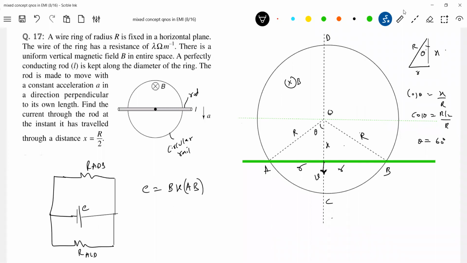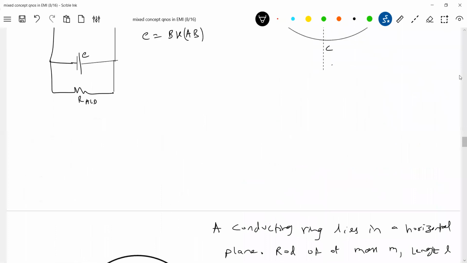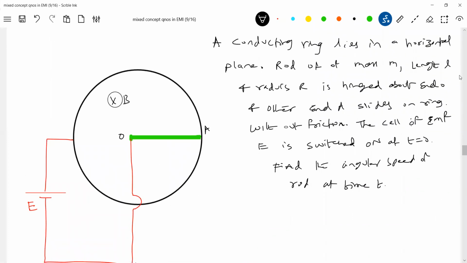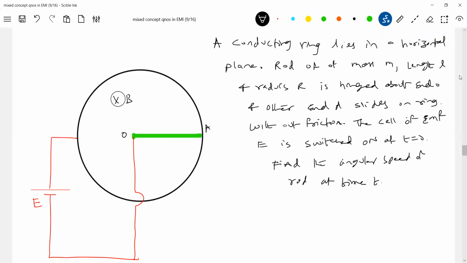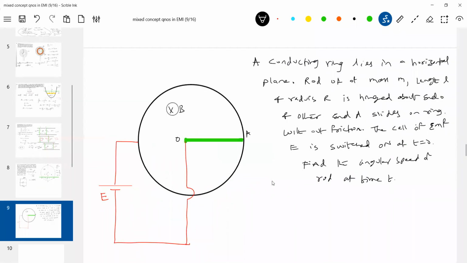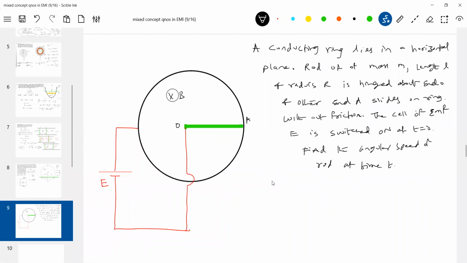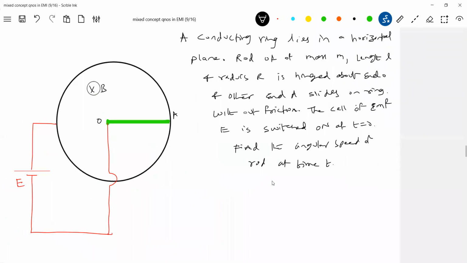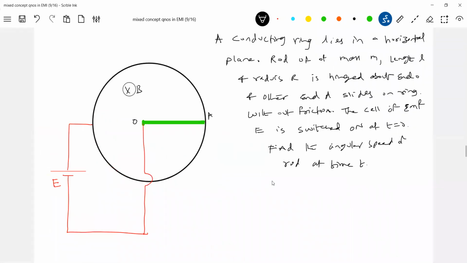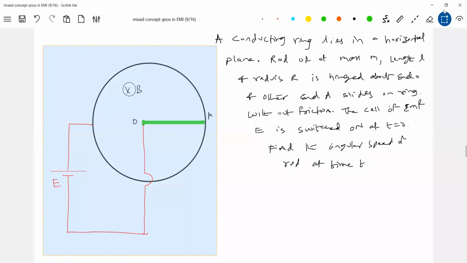So we'll take the next one. Once again, I'm coming to rotational EMF problems. I read the question. Whenever there is a rotating rod, what should you do?